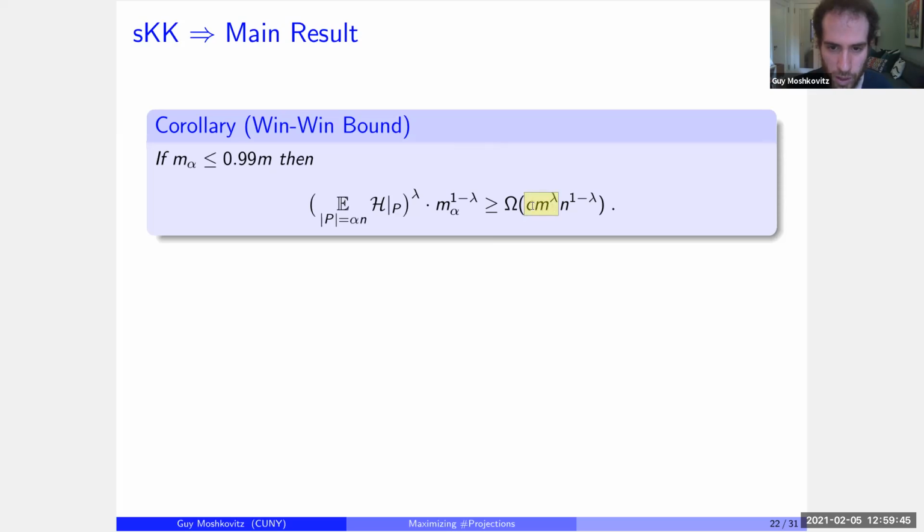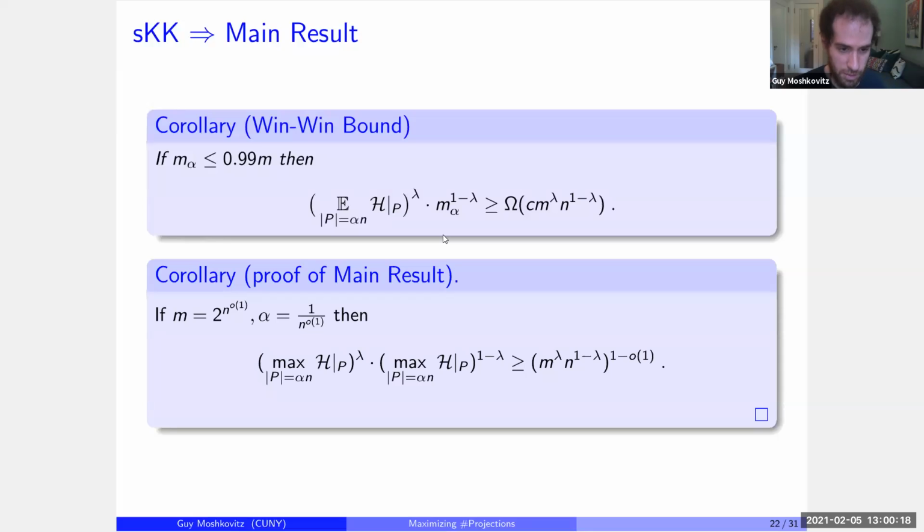On the right-hand side, we have the constant c times m to the lambda, n to the 1 minus lambda, this geometric mean. And on the left-hand side, we have a geometric mean with exactly the same weights, but now we're taking the average number of projections and the maximum, the densest subgraph on alpha n vertices. You will have to believe me. If not, I can show you the two lines of calculation. That's an immediate corollary of the new Kruskal-Katona theorem, and that finishes the proof.